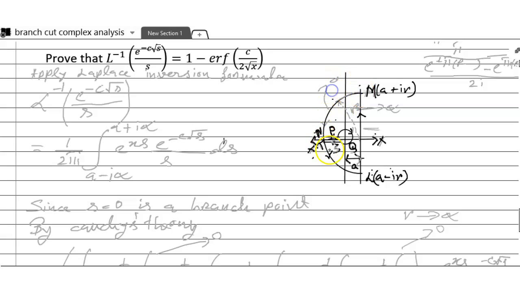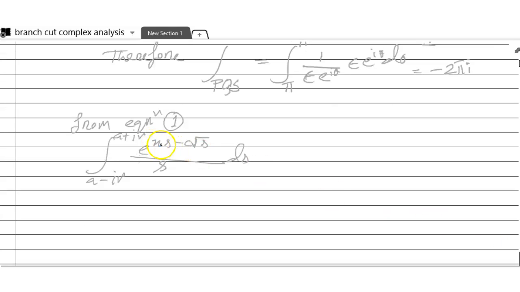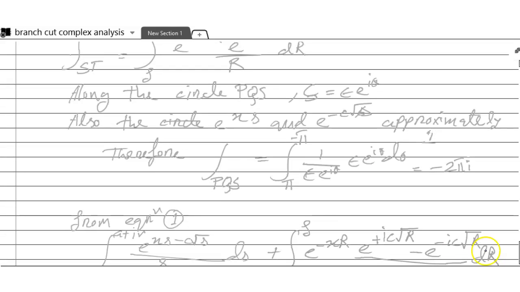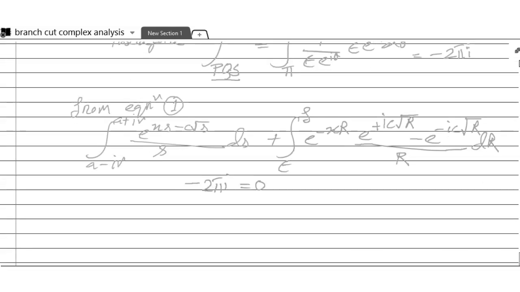So we get the integral of e to the power xs minus c root over s, and plus epsilon to rho of e to the power minus xR and e to the power minus ic root over R, divided by capital R, dr. Sorry, this is not i, this is plus i, e to the power minus ic root over R. Minus 2 pi i equals 0, because we are already getting this value of PQS as 2 pi i. So I hope I can clear this equation.